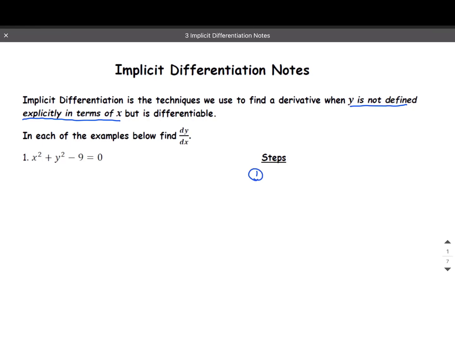So here's the first step. We differentiate, which means take the derivative, both sides with respect to x.